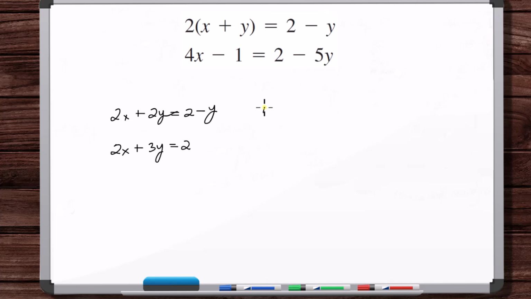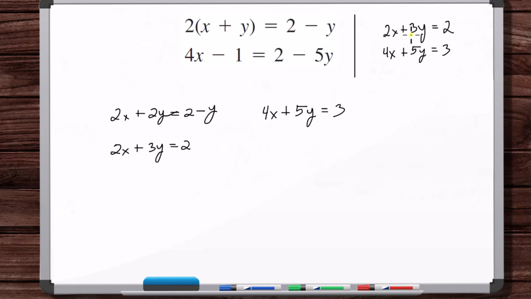So, if we add 5y to both sides, and then we add 1 to both sides, we get this. All right, so what we've got is 2x plus 3y is equal to 2, and then 4x plus 5y is equal to 3.